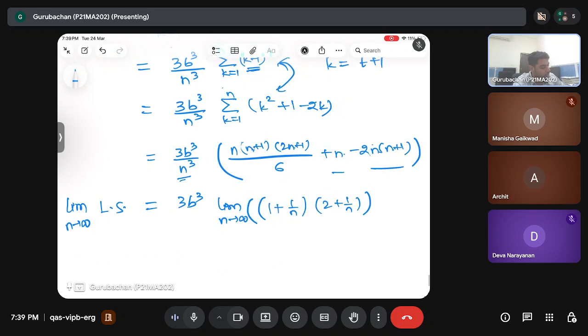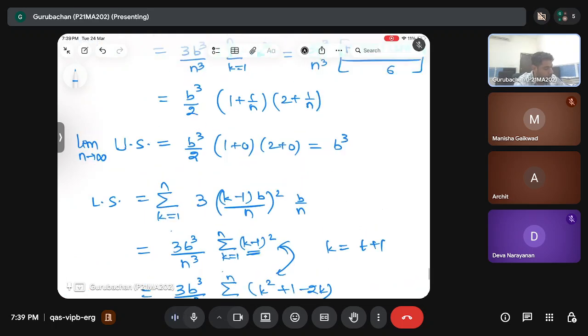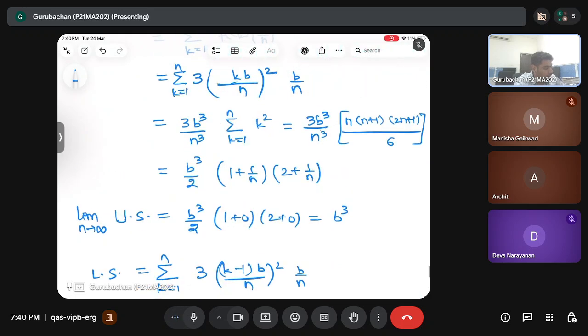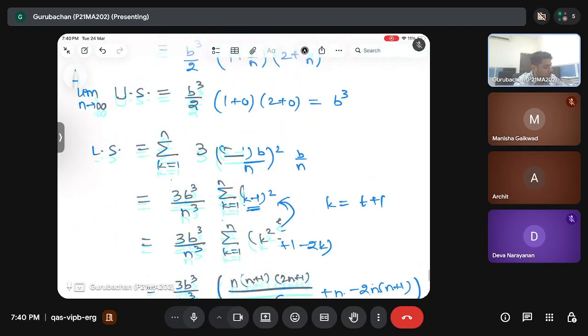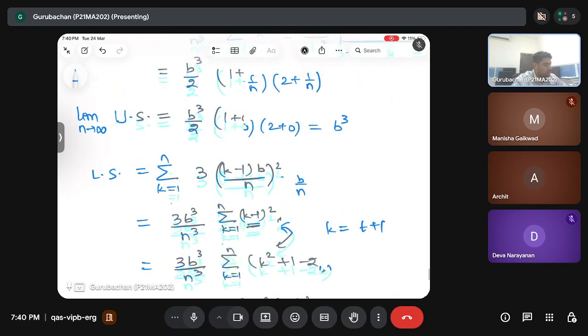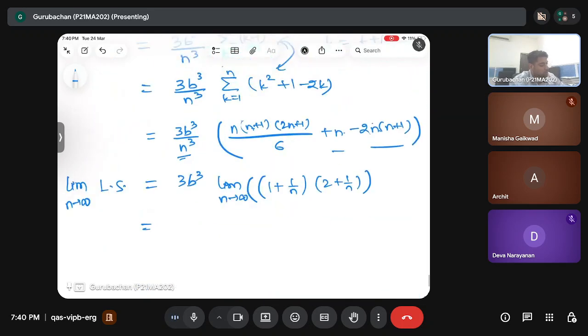And this will again give you, here's some calculation error I think I have made. Okay, there was a 6 also, so I missed that 6. So this will give you b cube itself.